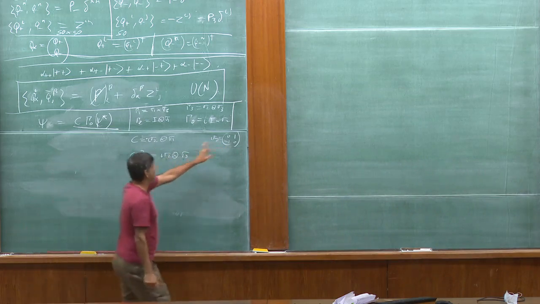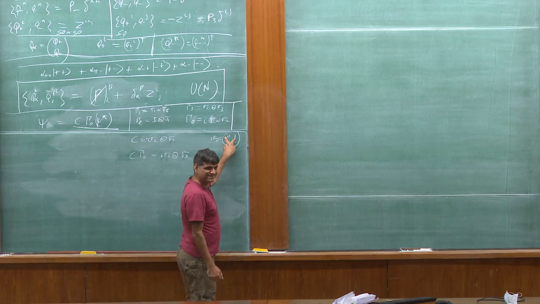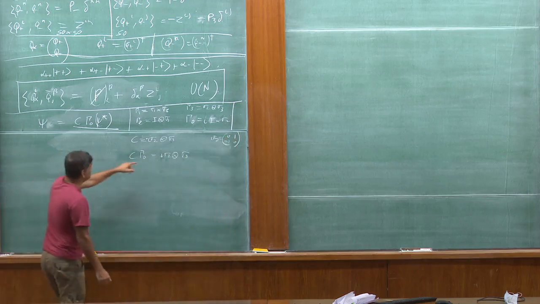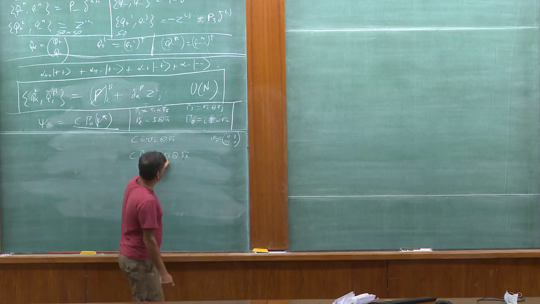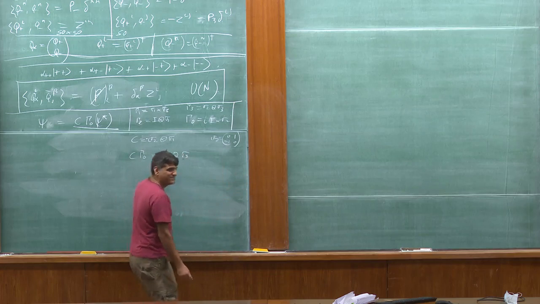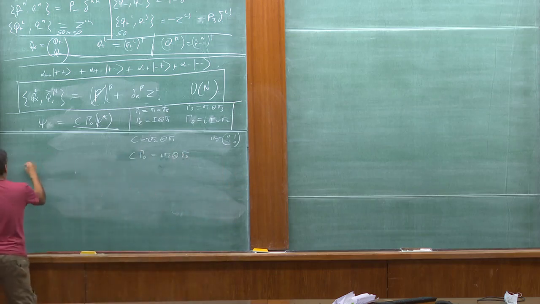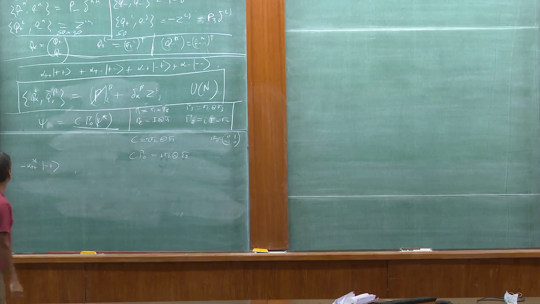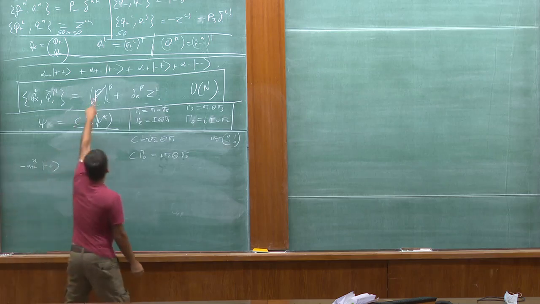Okay, so it's this matrix. Clear? Okay, so the guy with the plus plus, the first plus becomes a minus of minus. So we get alpha plus plus star minus minus plus. Now what about the second guy?